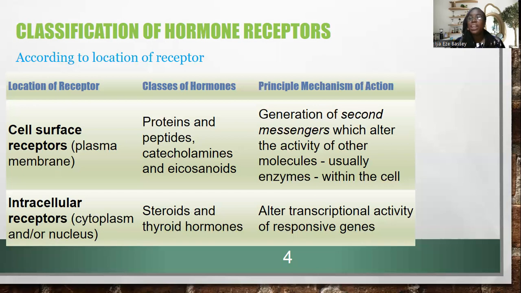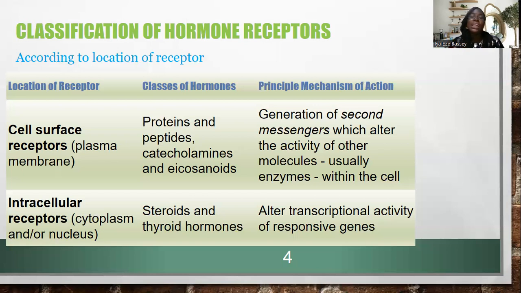However, the intracellular receptors are located inside the cell, and are usually for lipophilic hormones because those hormones can actually cross through the membrane into the cytoplasm and bind to either cytoplasmic receptors if they're in the cytoplasm or nuclear receptors if they are in the nucleus.